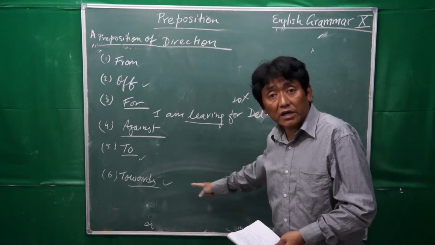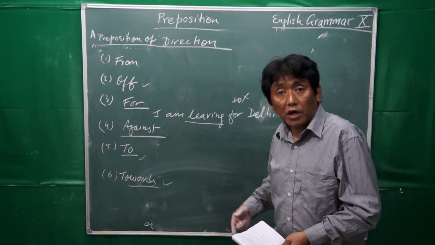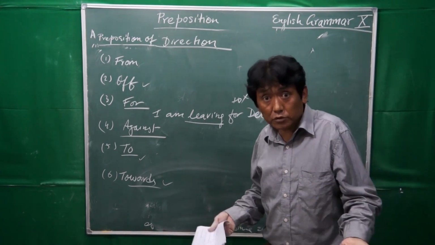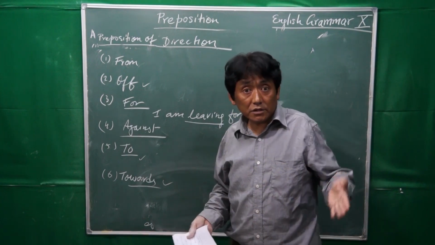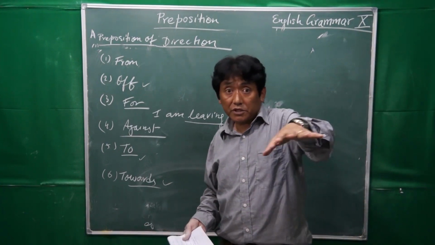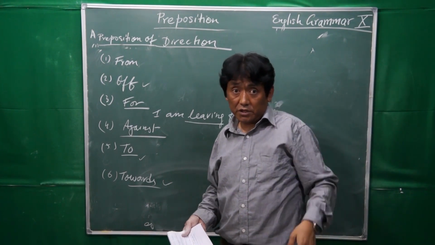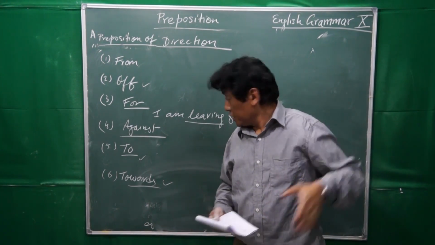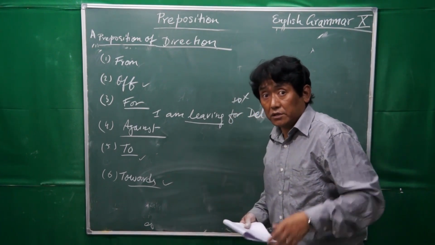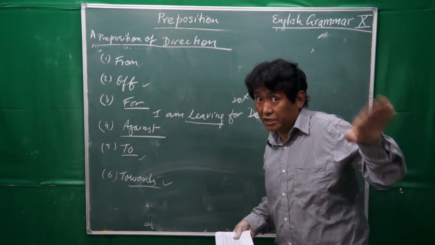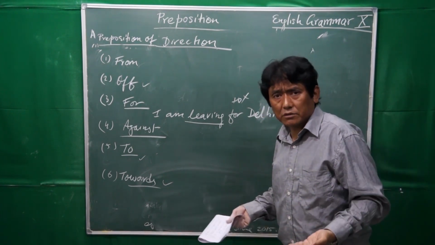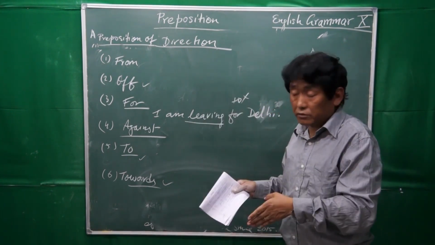So I went towards the direction of the school. I may have gone to the school, or I may not have gone to the school, because that is just the direction only. I may have gone to the canteen also, or places nearby the school which are in the same direction. So towards does not indicate the destination or the end point. It shows probability only, just the direction.